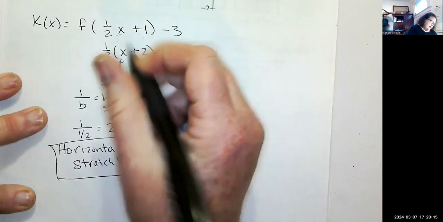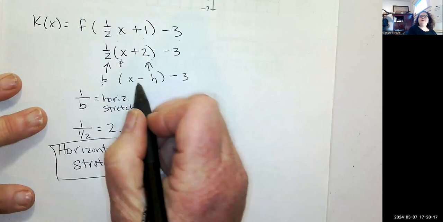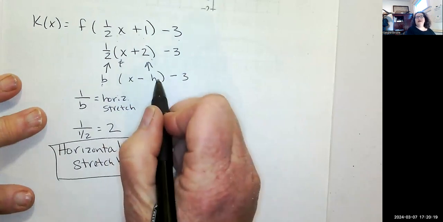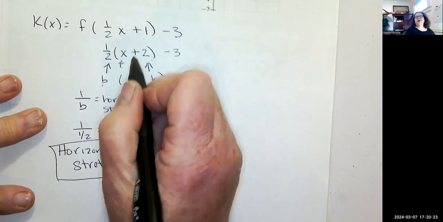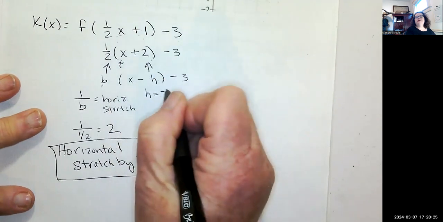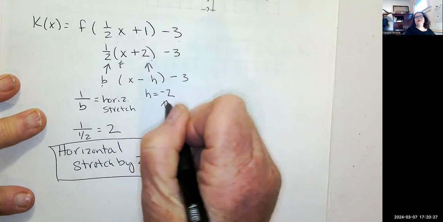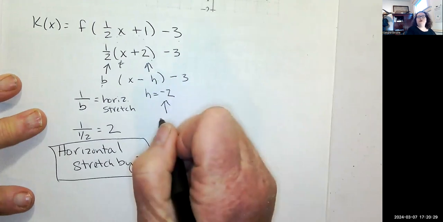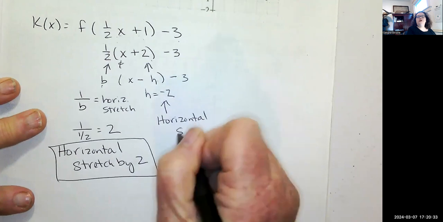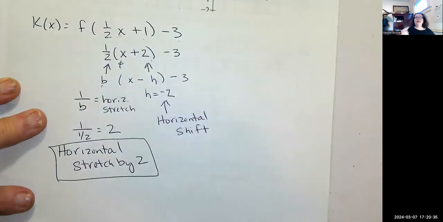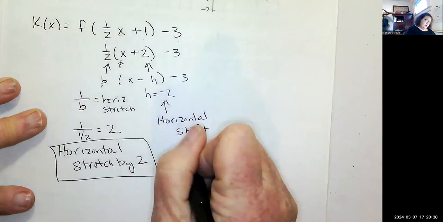Right here, we've got x plus 2, but it's supposed to be x minus h. Because it's positive in front of it, not negative, our h is -2. This is a horizontal shift, and it's going to be left by 2.